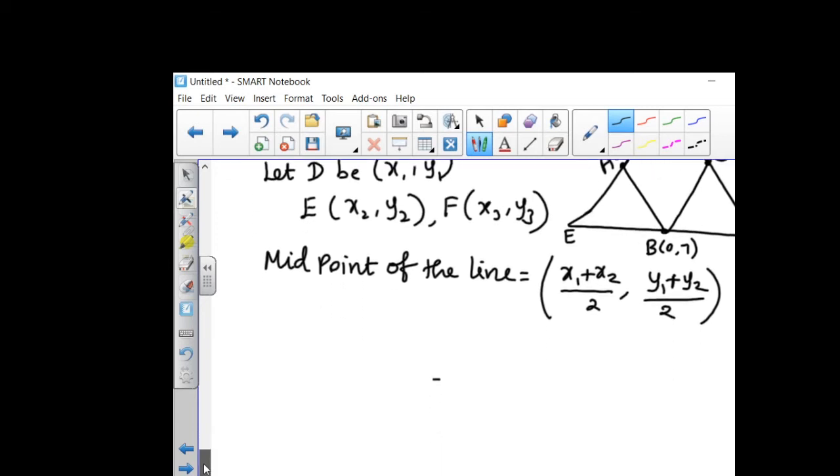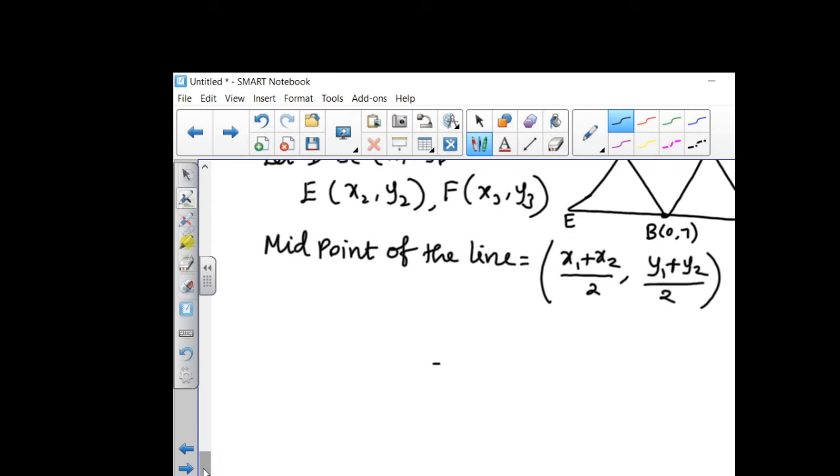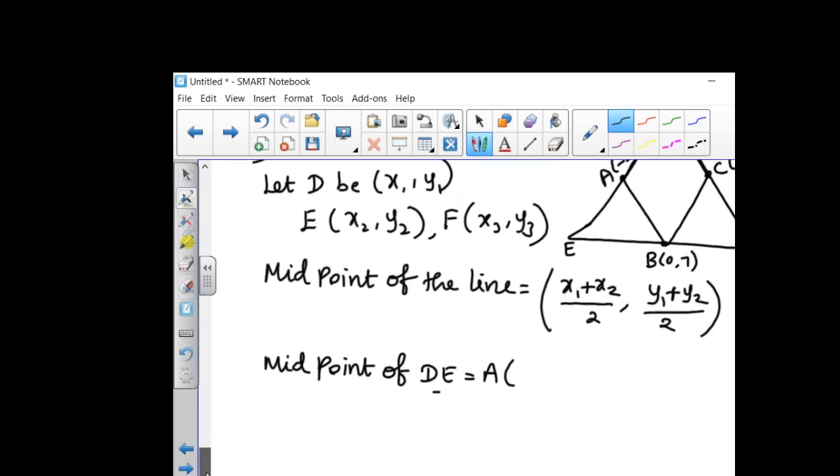So you can take it, midpoint of DE is equal to A, the point is minus 3 comma 6.